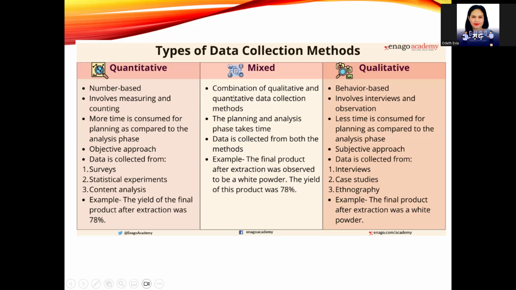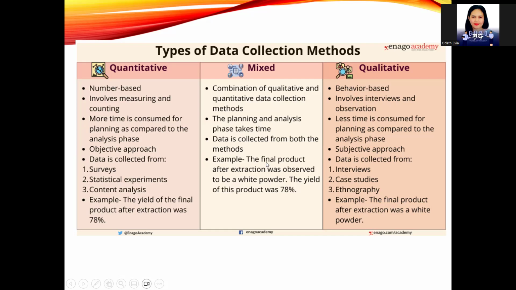So the mixed method is a combination of qualitative and quantitative data collection methods. This type of research is used when there is a need for intensive discussion and also numerical data. The planning and analysis phase takes time, and data is collected from both methods.